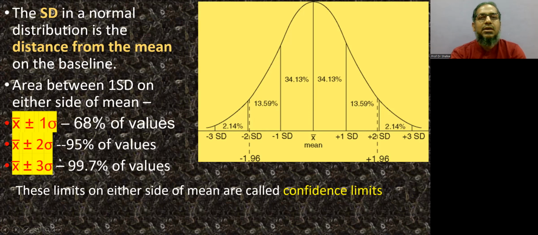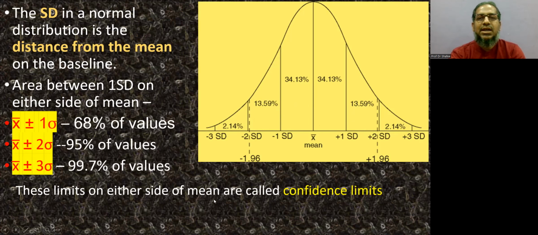Likewise, for 2 standard deviations from the mean, that is -2 standard deviation to +2 standard deviation, almost 95% of the observations will fall. In case of 3 standard deviations on either side of the mean, almost 99% of the observations will fall. These are the characteristics of the normal curve, which is commonly considered when we use the normal distribution.